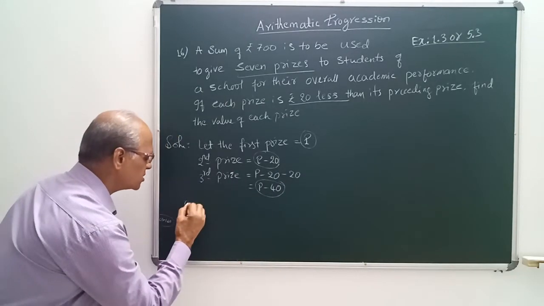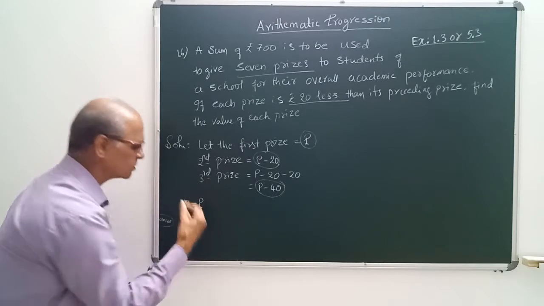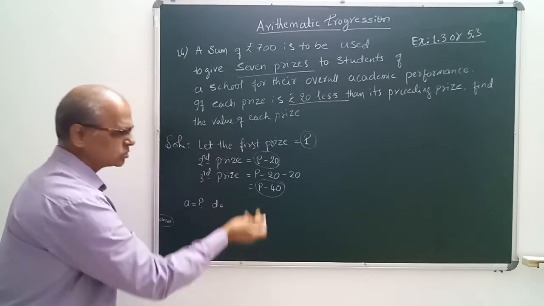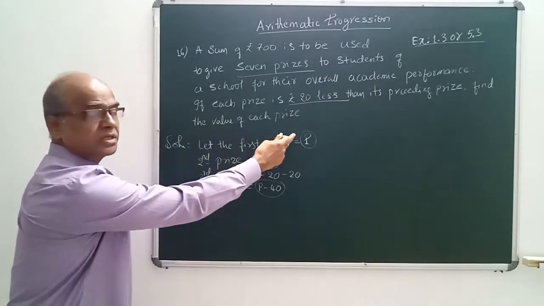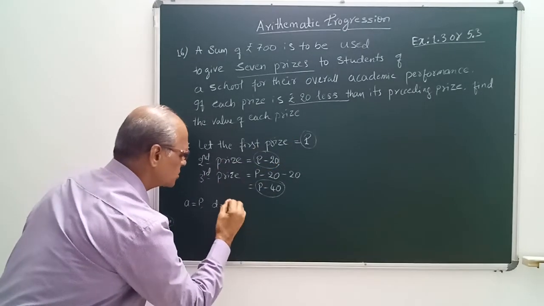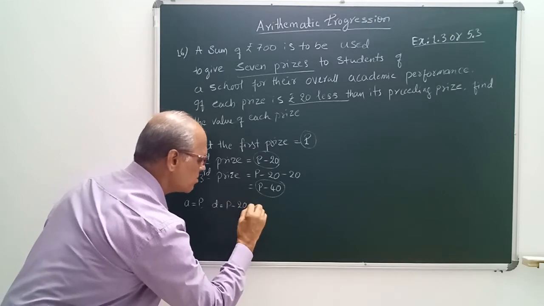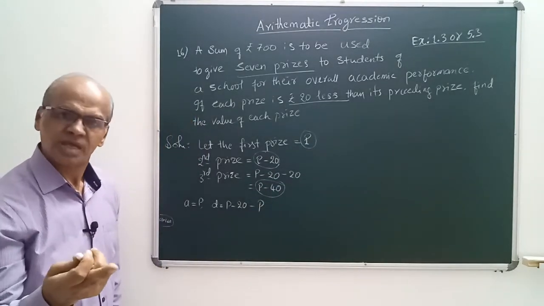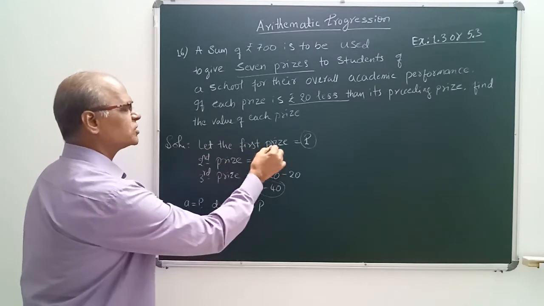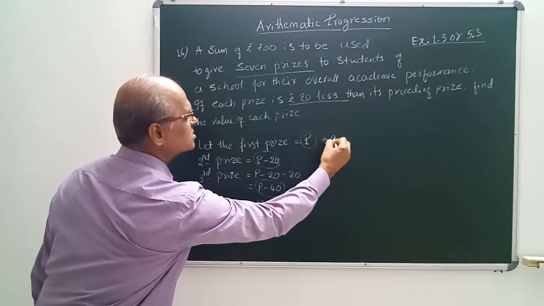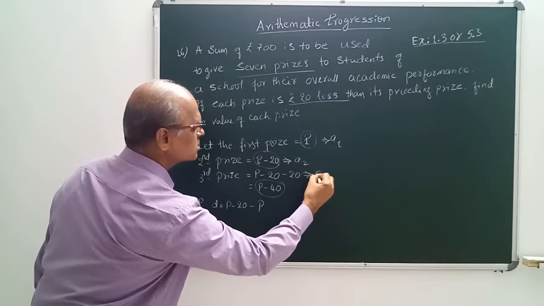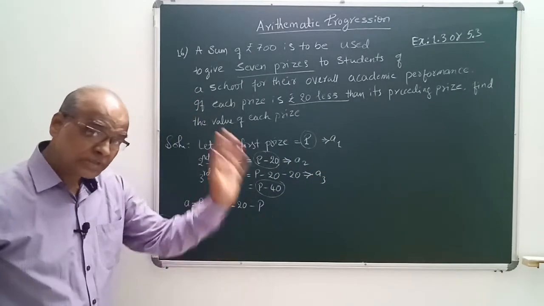Now what is our a in this case? a is equal to P, that is our first term. What is d? d is equal to second minus first, that means P minus 20 minus P. Understood? That is A2 minus A1. This is A1, this is A2, third means A3, and so on up to 7.